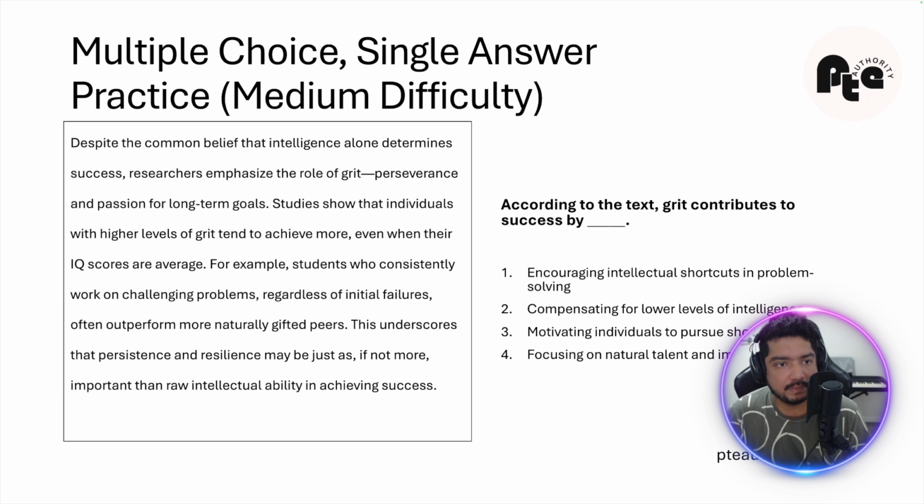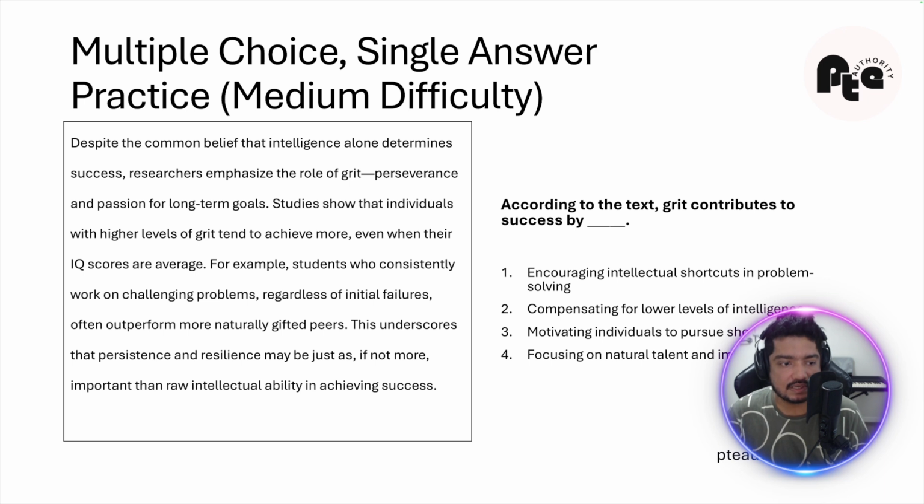Despite the common belief that intelligence alone determines success, researchers emphasize the role of grit, perseverance, and passion for long-term goals. Studies show that individuals with higher levels of grit tend to achieve more, even when their IQ scores are average. For example, students who consistently work on challenging problems, regardless of initial failures, often outperform more naturally gifted peers.